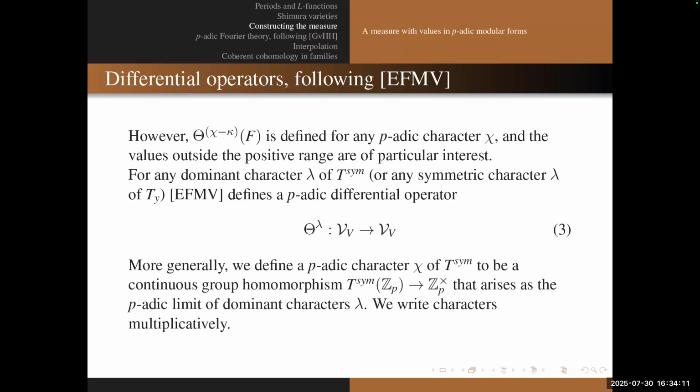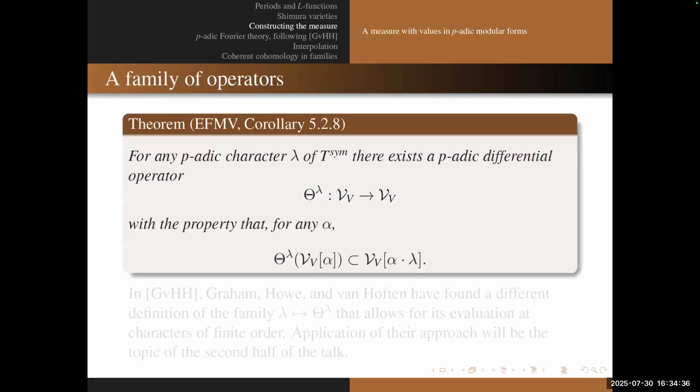We define a p-adic character to be continuous. We only consider characters to be continuous group homomorphisms that arise as the p-adic limit of dominant characters. We view them only in this way. And we write characters multiplicatively, except when they don't.